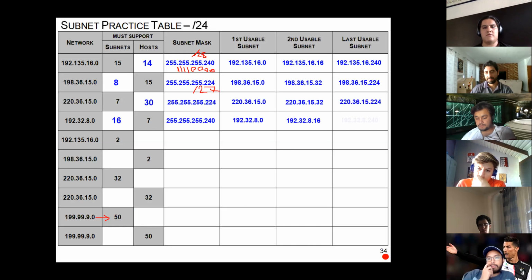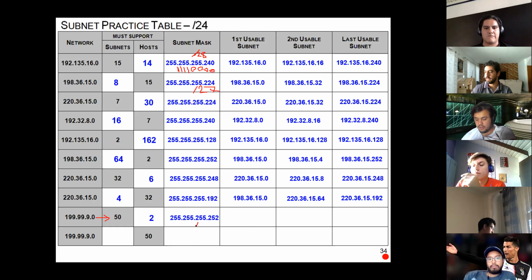So this is 2, because now you separated 6 bits, and this is the same as /30. Right. So the first usable subnet is 0.